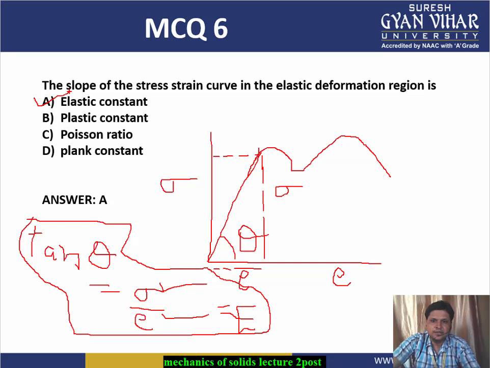The slope of the stress strain curve in the elastic deformation region is the elastic constant. I hope you are getting what I have told you. All right, this was your MCQ number 6. Moving to the next multiple choice question.